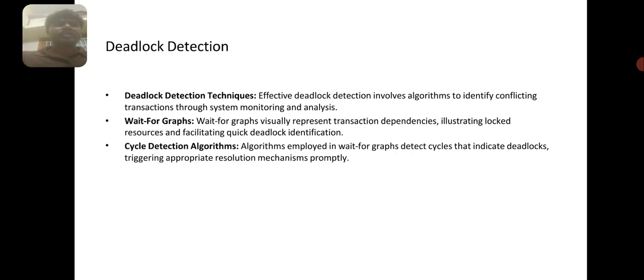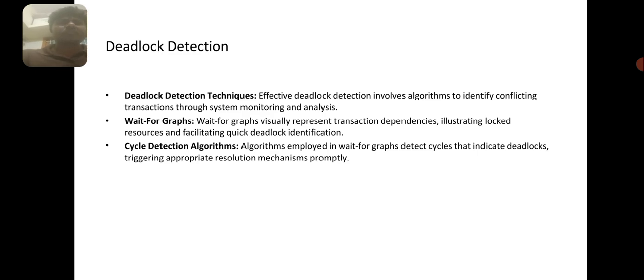Next is deadlock detection. Effective detection involves algorithms identifying conflicts among transactions, through monitoring and analysis, and the wait-for graph.